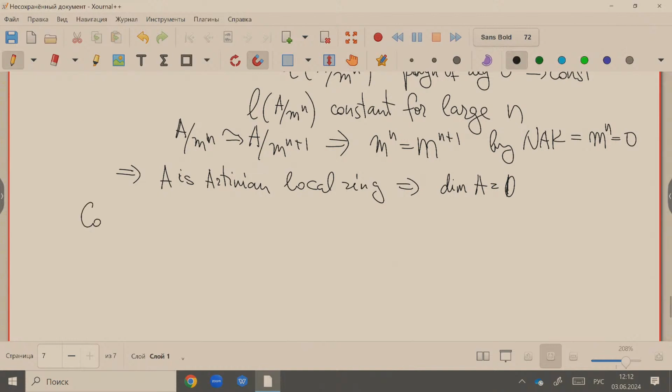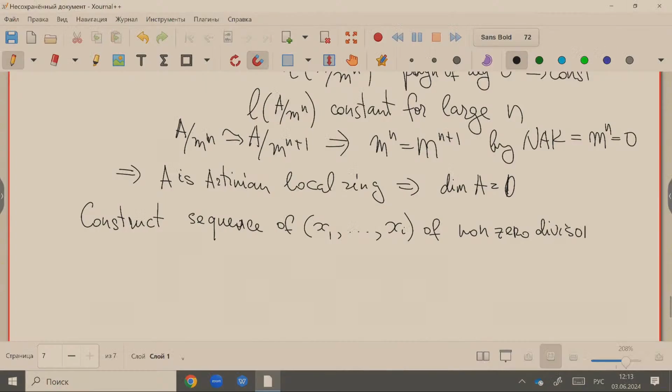So the idea is to construct a sequence x1, ..., xi of non-zero divisors, where xi plus 1 is a non-zero divisor modulo the previous ones, so modulo x1, ..., xi.